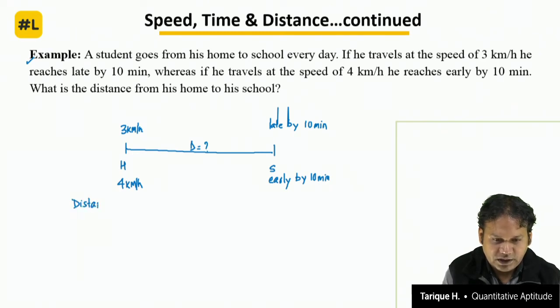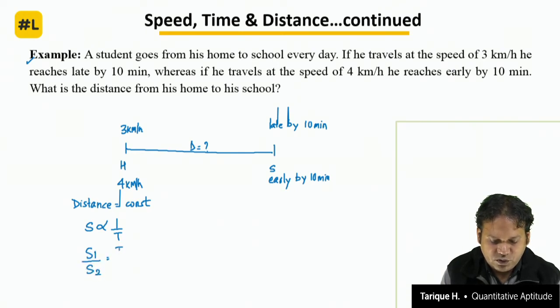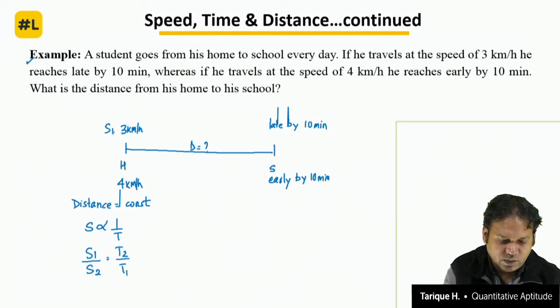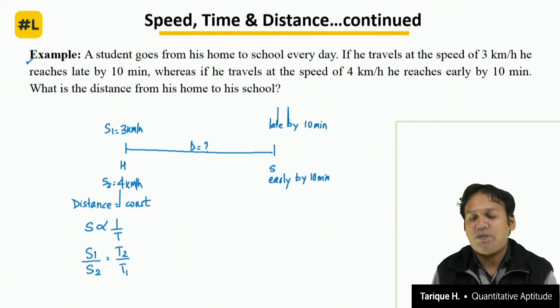What is constant here? Distance is constant. If distance is constant, what happens? Speed is inversely proportional to time, or we get S1 by S2 is equal to T2 by T1. In this case, we know this is our S1, this is our S2. What is T1? What is T2?